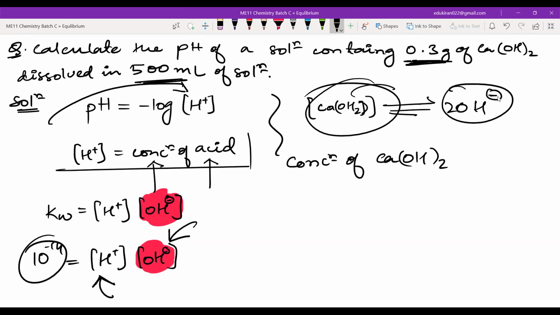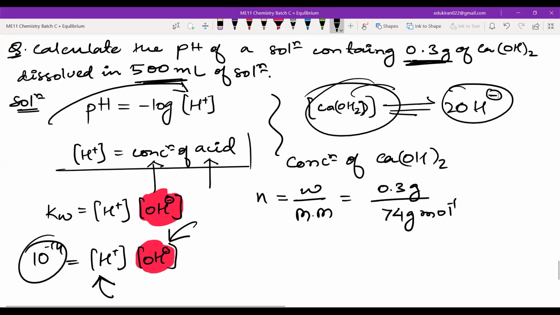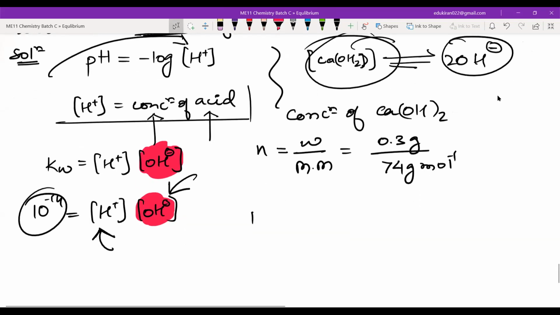So for this, we have been given the mass, how much Ca(OH)2 is added in the solution. So the number of moles we can calculate as the given mass divided by the molar mass. The given mass is 0.3 grams. The molar mass is 74 grams per mole. Now what will be the concentration? The molarity will be equal to the number of moles divided by the volume in liters, right?